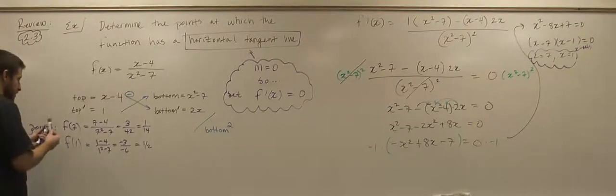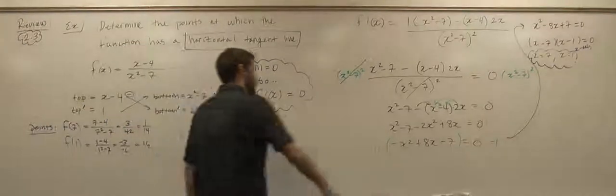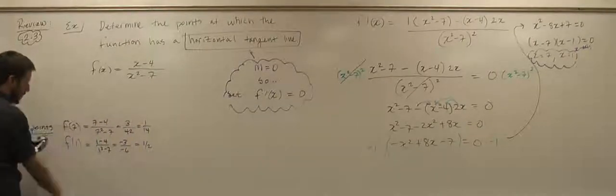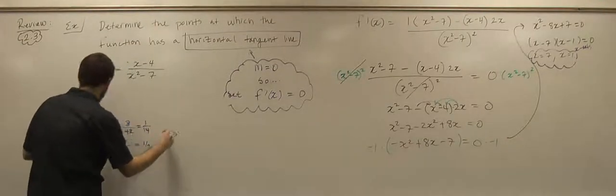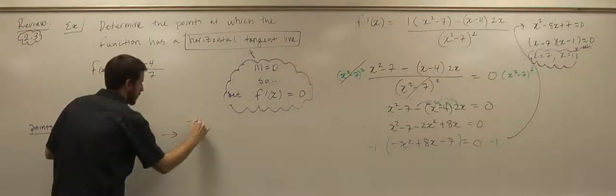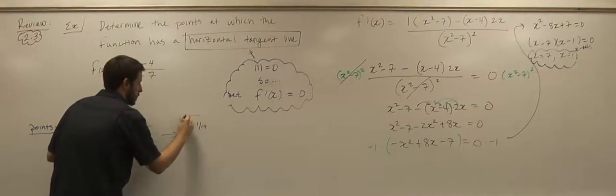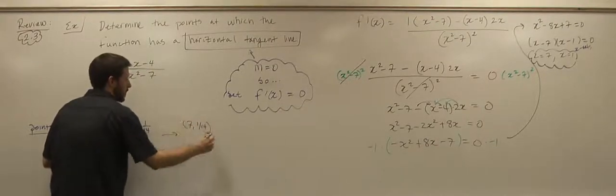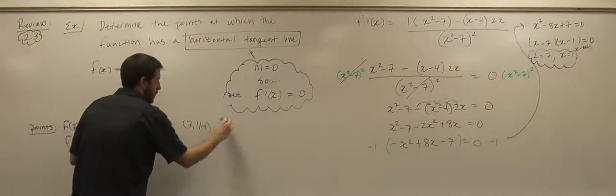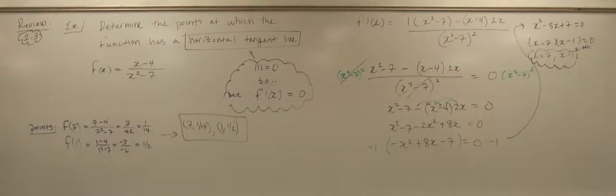These are your y values. So altogether you will have the points: when x is 7, y is 1/14, so there's 1 point, and when x is 1, y is 1/2. These are the 2 points on the graph where your function has a horizontal tangent.